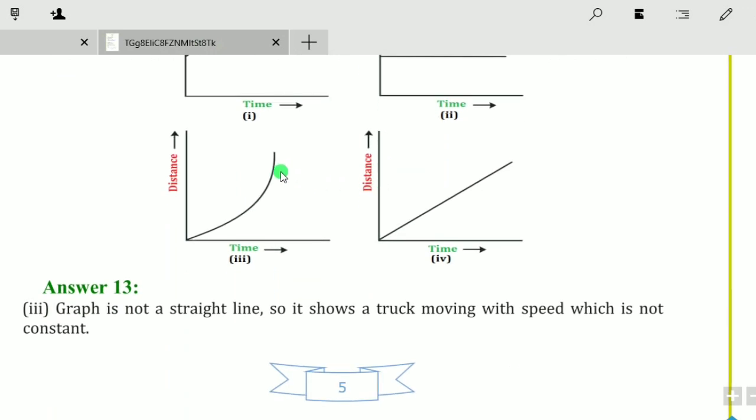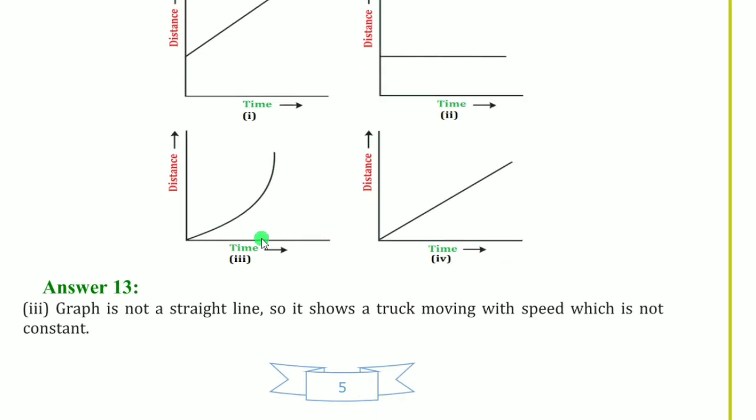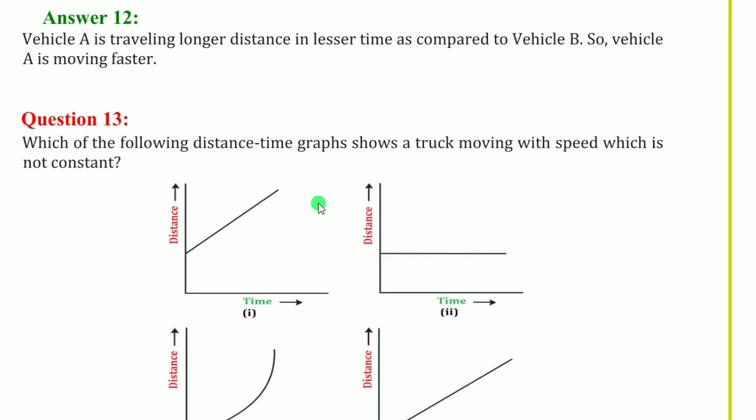The example will be the graph that is not a straight line. If the graph is not a straight line, that means in equal intervals of time the body moves different distances and it is increasing. That's why it is not a constant speed. It is a non-uniform motion, and non-uniform motion leads to non-uniform speed.